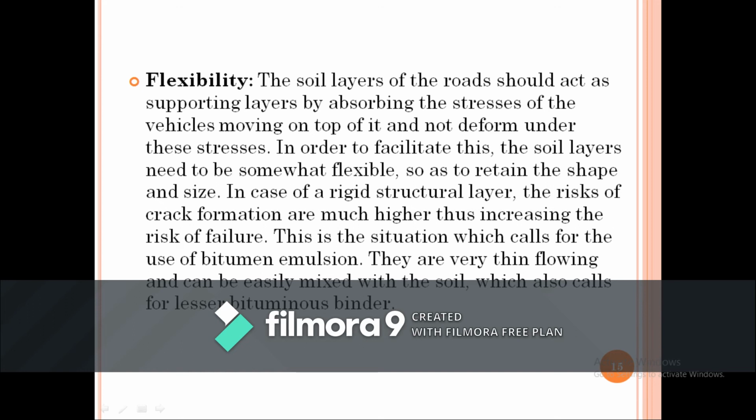It can be easily mixed. This tar itself, we are using wherever you have construction joints also. Even when you are using cement concrete roads, wherever there is an extension, wherever you want an expansion joint, there you are putting just tar. So this is a flexible material. Because of the flexibility of this particular bitumen, we are using this bitumen mostly.